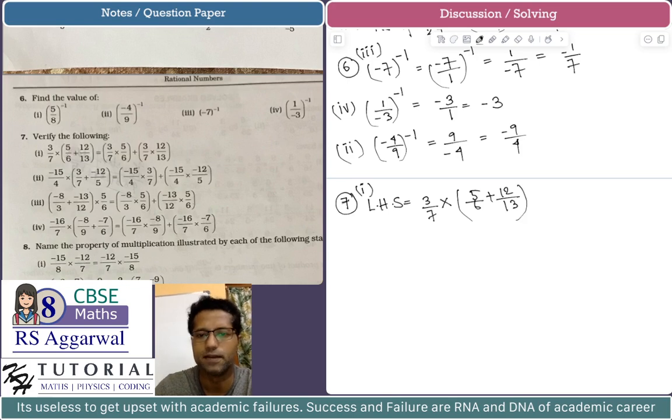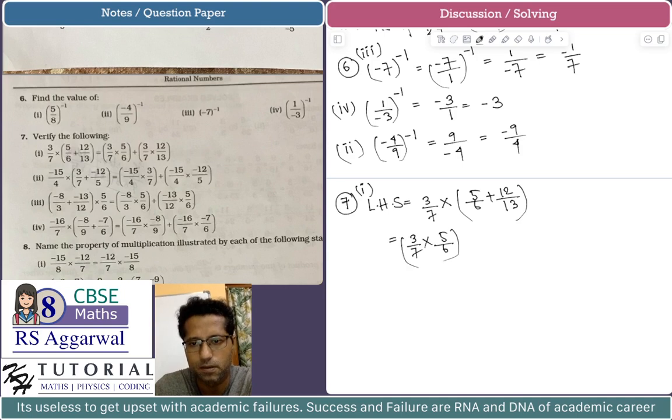Applying the distributive law of multiplication over addition of rational numbers, this is equal to 3 by 7 multiplied by 5 by 6 plus 3 by 7 multiplied by 12 by 13, which is exactly the given right hand side. So it is proved.